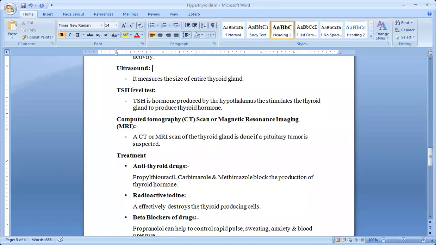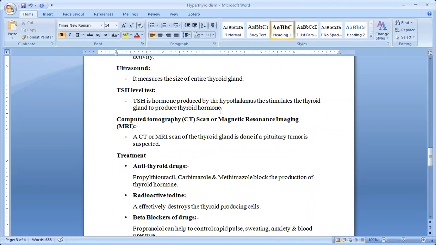Now thyroid stimulating hormone level test, TSH level test. TSH is a hormone produced by the hypothalamus, which stimulates the thyroid gland to produce the thyroid hormone.